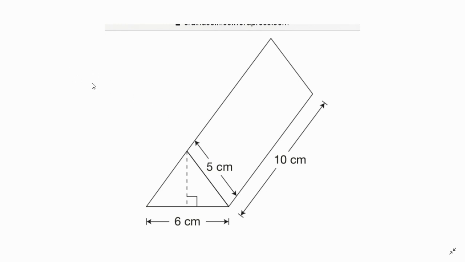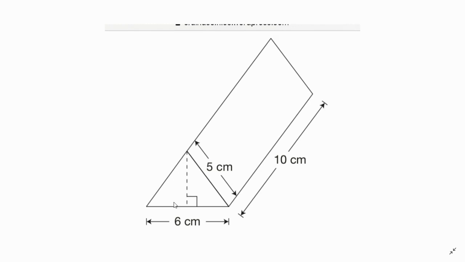Pretend I'm pointing at this face. It's the same, 10 times 5. It doesn't even matter what the height of the triangle is here. It's okay. But I want to talk about the rectangle underneath. So if you think of the rectangle underneath this tent, it wouldn't be 10 times 5, right? It would be 10 times 6 or 6 times 10. This rectangle, remember, would have a base of 6 and a height of 10.